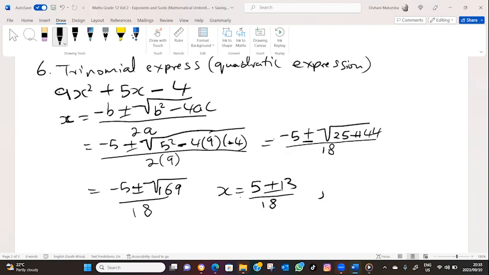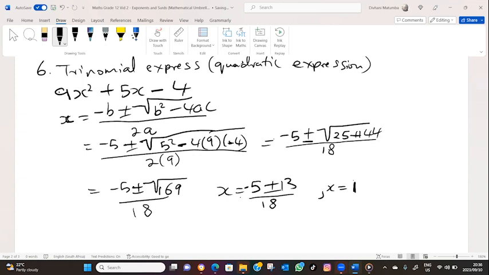This is x equals 5 plus 13. We're gonna get 18. 18 over 18, that is 1. Oh, sorry, no, my bad.